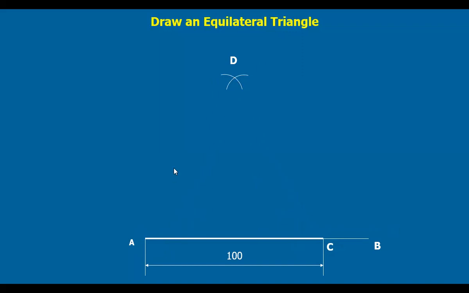Join AD with a straight line, and also CD. Here we get the required triangle. ACD is your required equilateral triangle. So there are two ways of drawing the equilateral triangle. You can draw whichever is convenient for us.